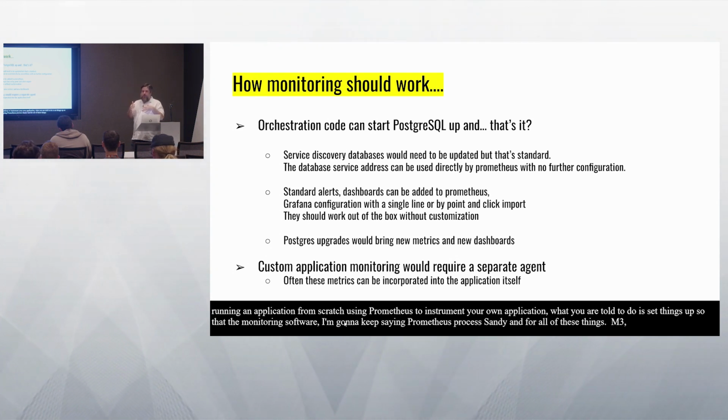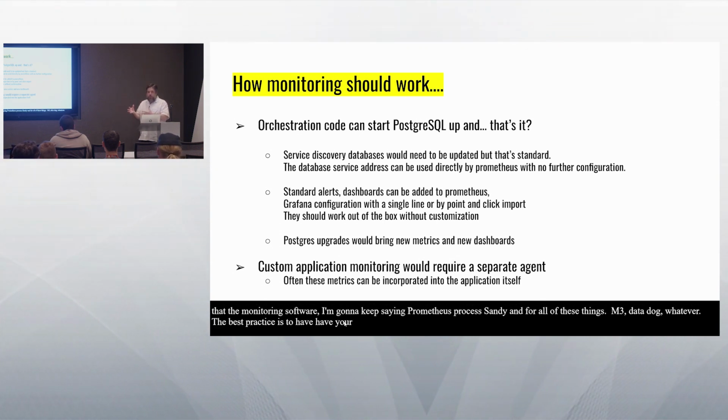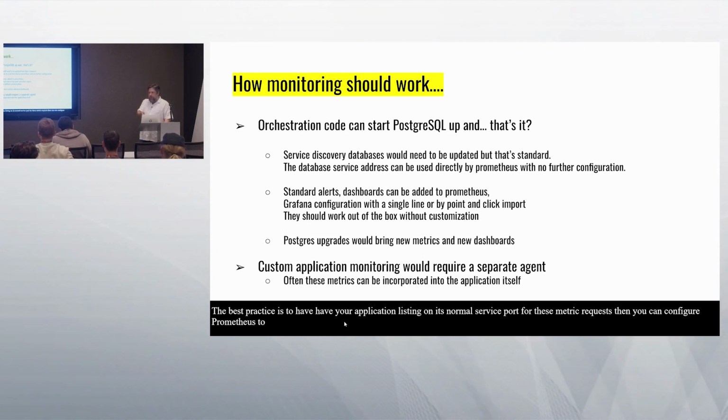The best practice is to have your application listening on its normal service port for these metric requests. So then you can configure Prometheus to go probe your actual application and ask for metrics.